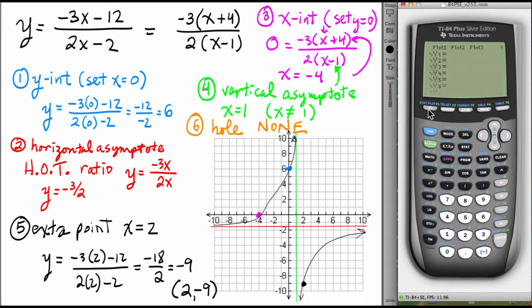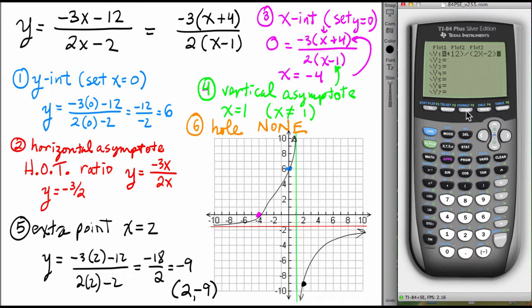So go to y equals, so you're in function mode, and let's put this original form of the equation in, y equals, we're going to have to start off that numerator of the fraction with a parentheses, negative 3x minus 12, end parentheses, divided by new parentheses 2x minus 2.